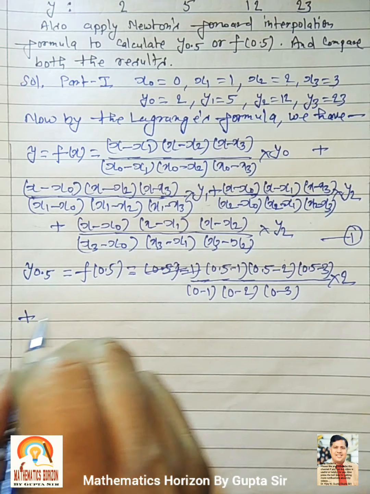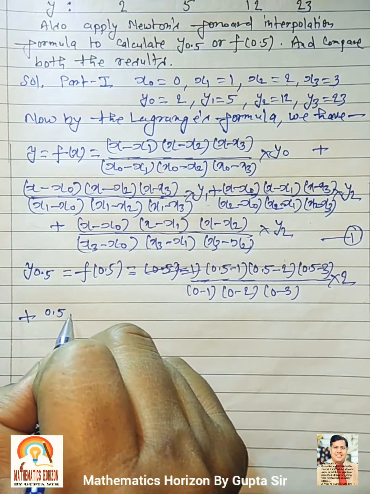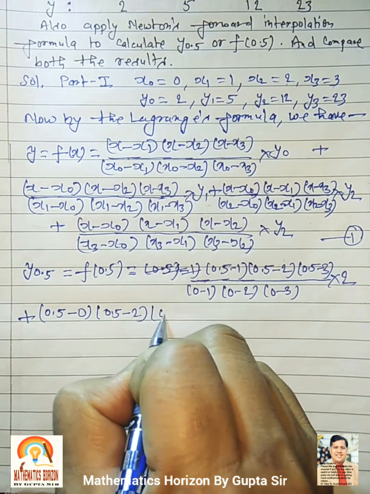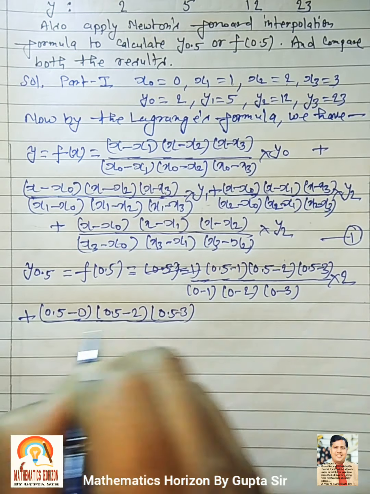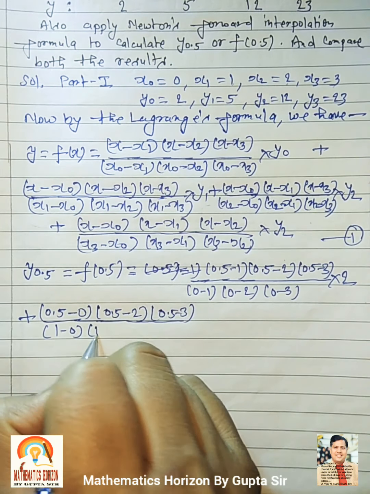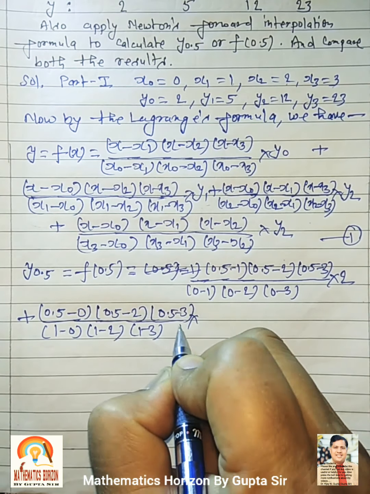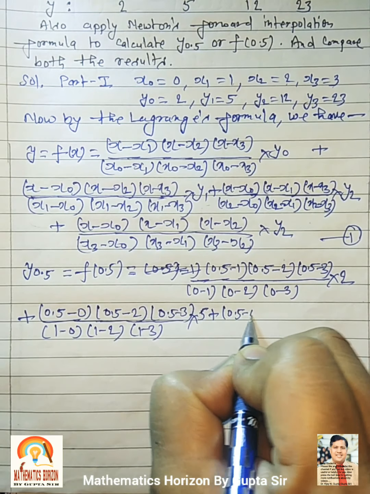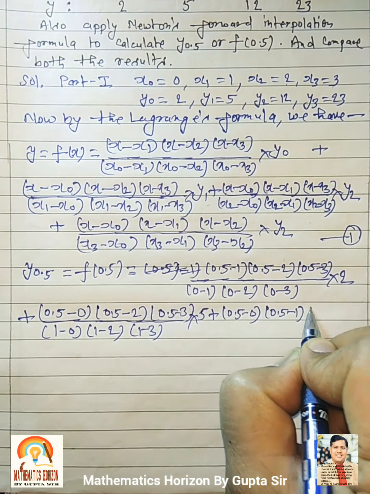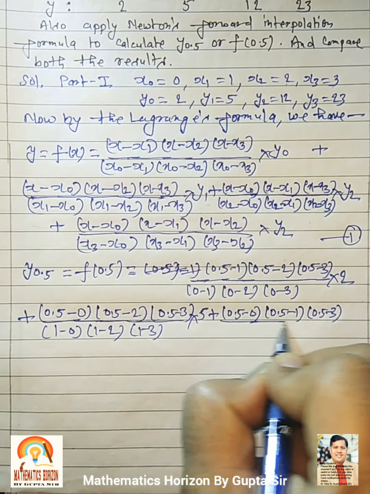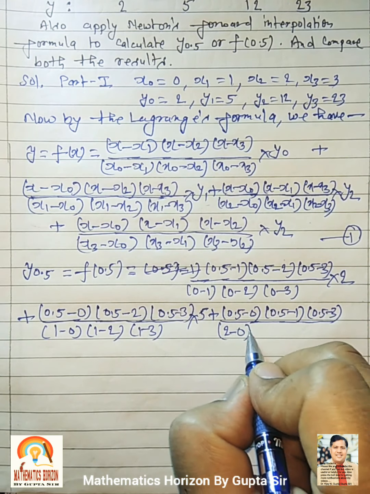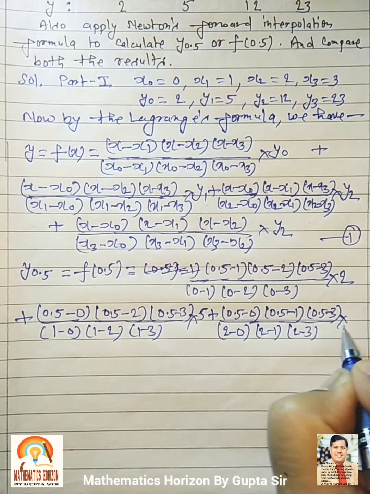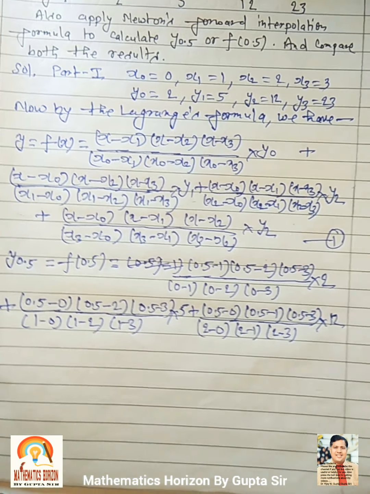And what will be the second term? Second term is (0.5 minus 0)(0.5 minus 2)(0.5 minus 3) upon (1 minus 0)(1 minus 2)(1 minus 3) into y1, y1 is 5, plus (0.5 minus 0)(0.5 minus 1)(0.5 minus 3) upon (2 minus 0)(2 minus 1)(2 minus 3) into y2, y2 is 12.